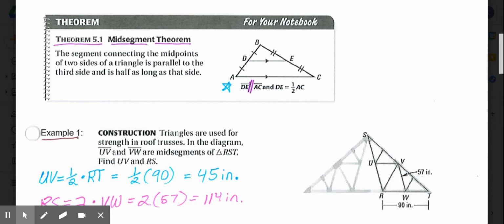So in this case, if DE was my midsegment, DE is parallel to the third side that it doesn't connect. So DE would be parallel to side AC, and DE is half the measure of AC. So if AC was 20, DE would be 10.